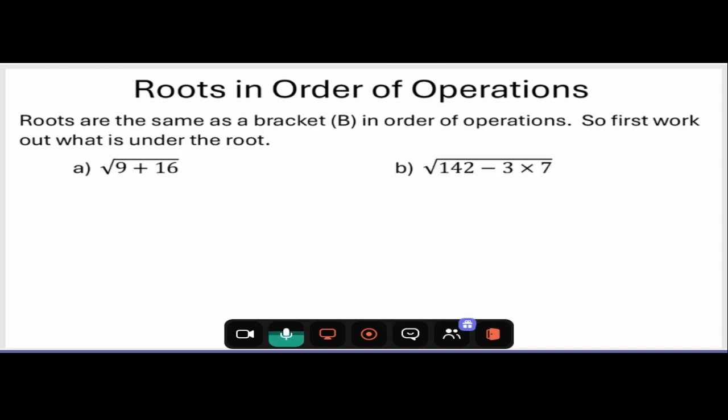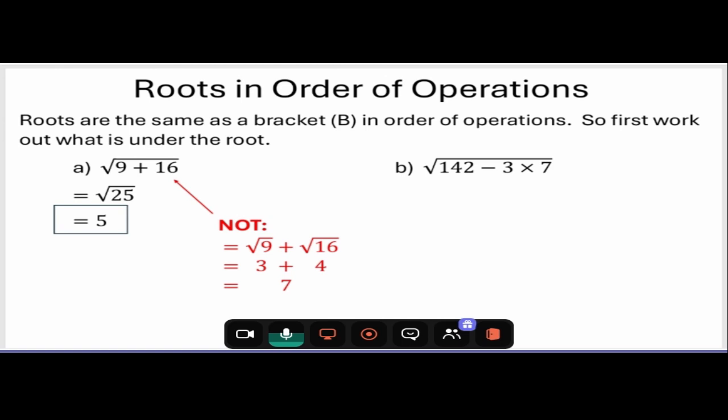So if you have the square root of 9 plus 16, like we have there, we have to work out the inside of the root first, 9 plus 16, which is 25. Then we can apply the square root. What times itself equals 25? 5 is the answer. Notice, you cannot do this. You can't say, oh, hey, square root of 9 is 3 and the square root of 16 is 4.